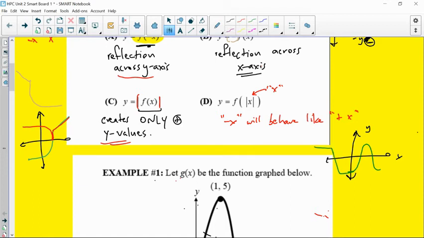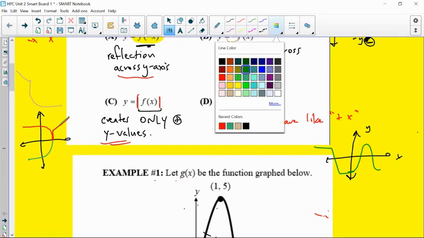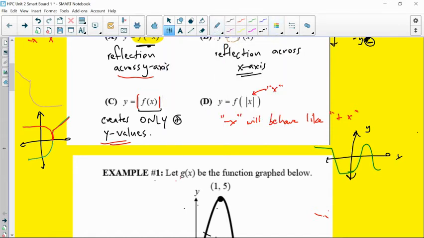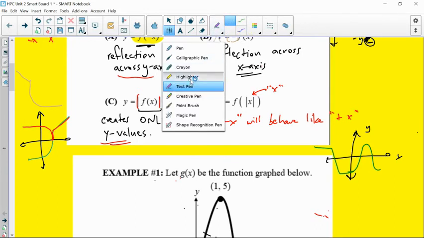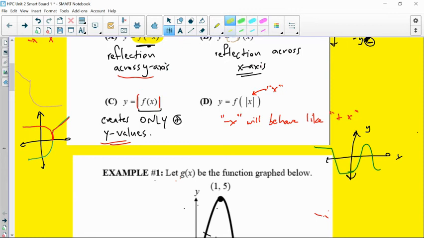Okay, so there's your function. Now if you are on the positive x-axis, so if you are over here, let's highlight this. Okay, so if we're on this side over here, this side already has positive x's.